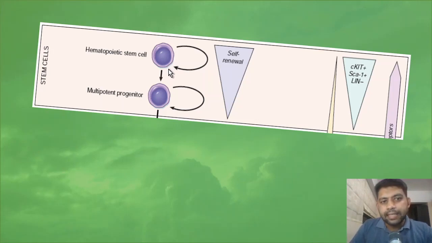And the other property is pluripotency, which means it can differentiate into almost any of the hematopoietic cell.